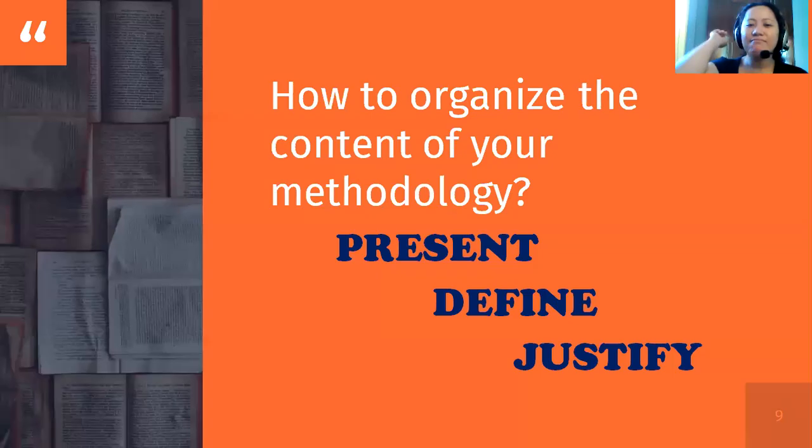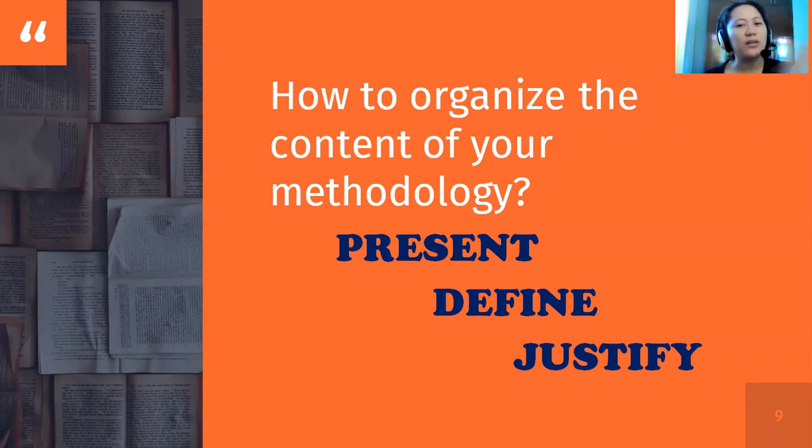Now I want to give you a hint on how to present your research methodology, content by content. First you have to present, second you have to define, and third you have to justify.